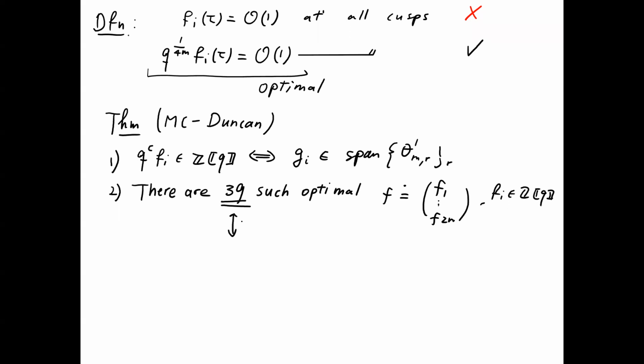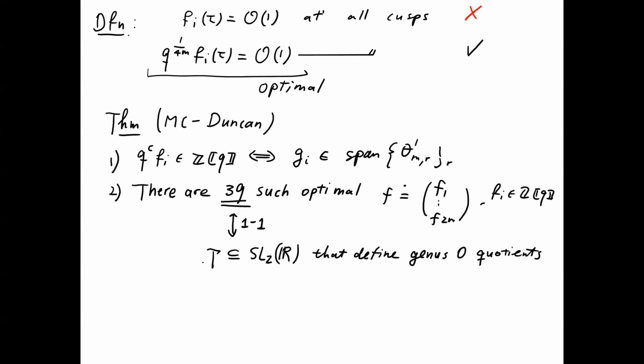So they are classified by 39 groups acting on the upper half plane that define genus 0 quotients on the upper half plane. Hence, what I'm saying is that its fundamental domain is basically a genus 0 Riemann surface.